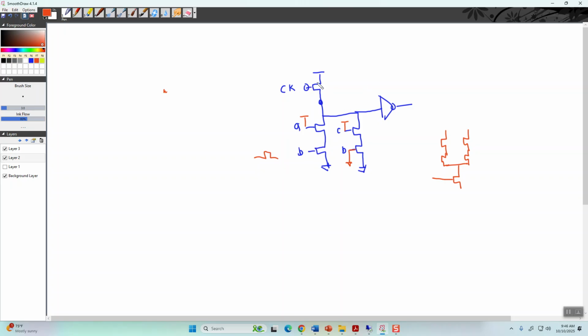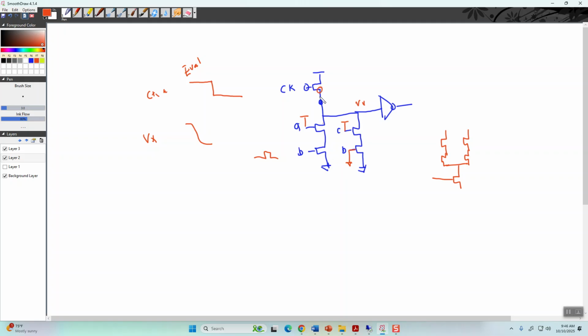So what happens is you can have a clock or an enable, right? And when this is high, it's off, right? So nothing flows. And so we can call that evaluate, right? So let's call that Vx. So Vx will go from high to low, and all these capacitances have to discharge, all right?